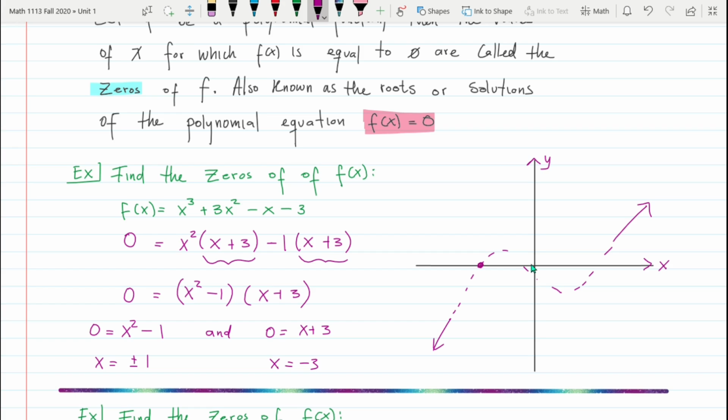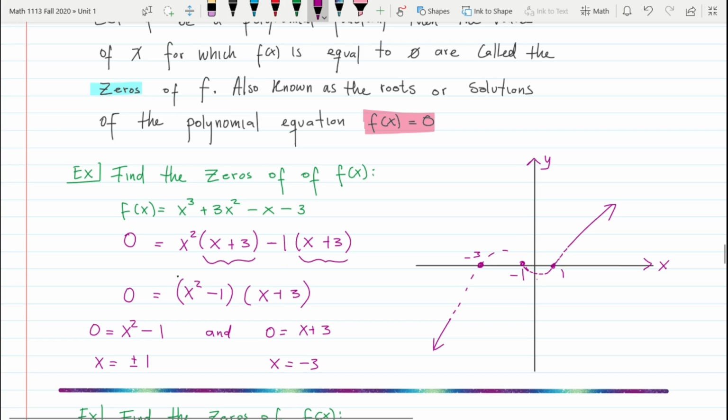Here is negative 3. Here is -1, and then this is kind of wrong, so let's fix it a little. Here is +1. That's what that means, okay?